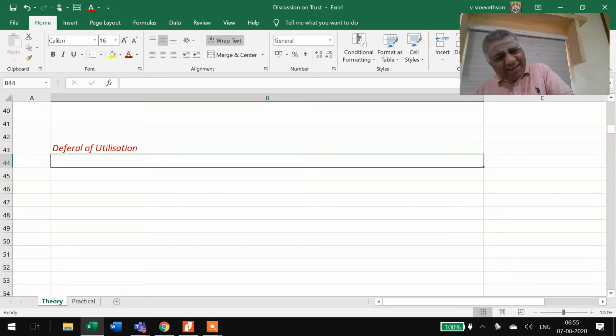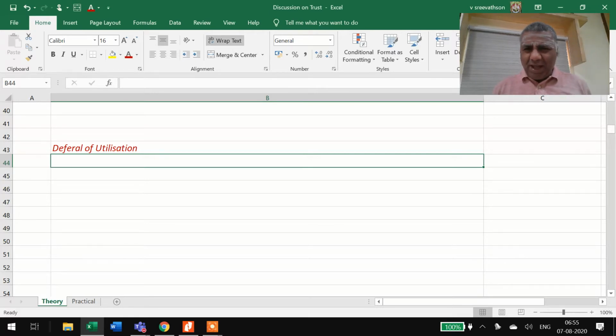But we always defer it to March. And by March 31st, it comes to mind: oh, I need to claim 80G. Intention is good, intention is to donate, no doubt about it. But we always defer the donation.